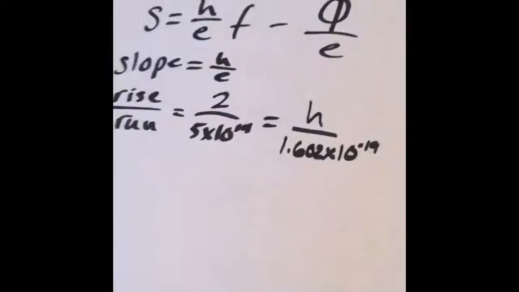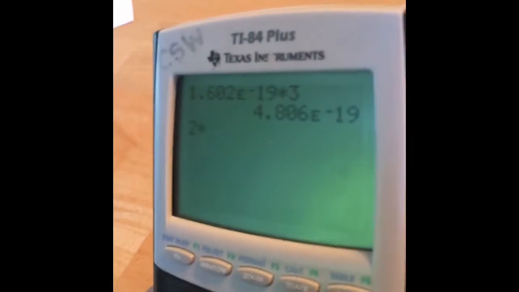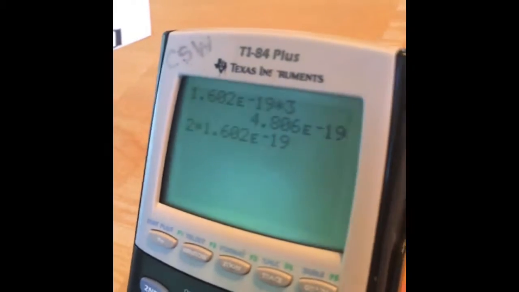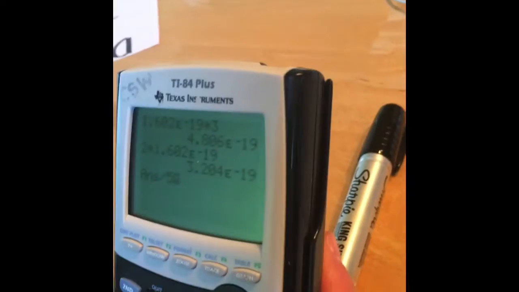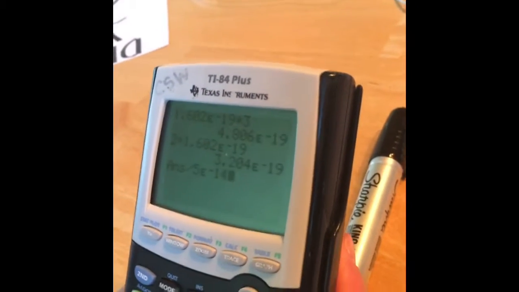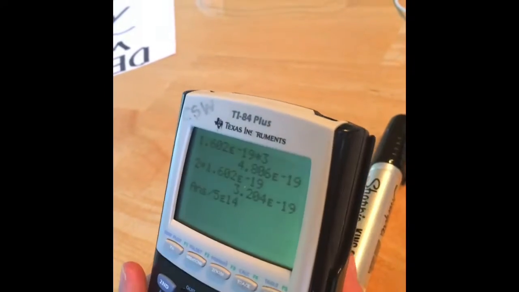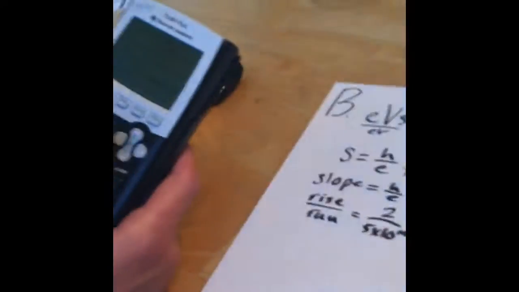We're going to cross multiply real quick. So we got 2 times 1.602 E negative 19, divide by 5 E positive 14. Boom. 6.408 times 10 to the negative 34th.